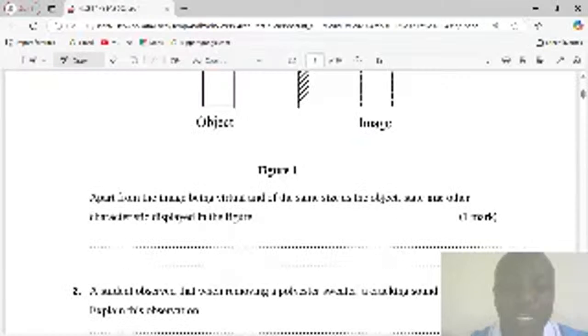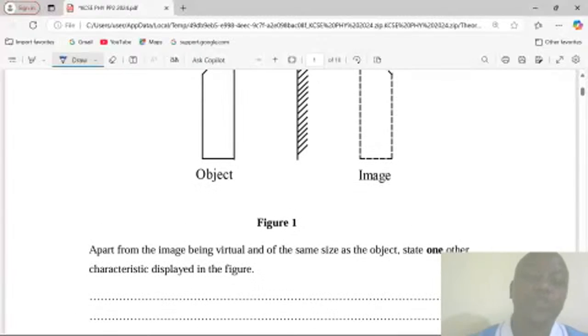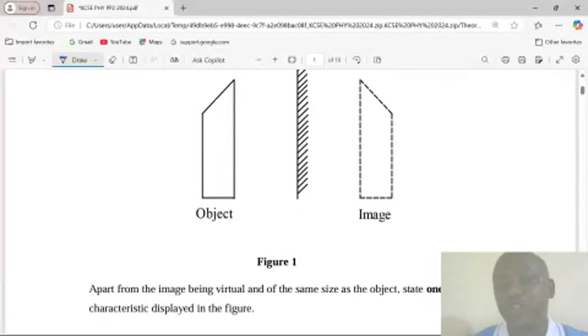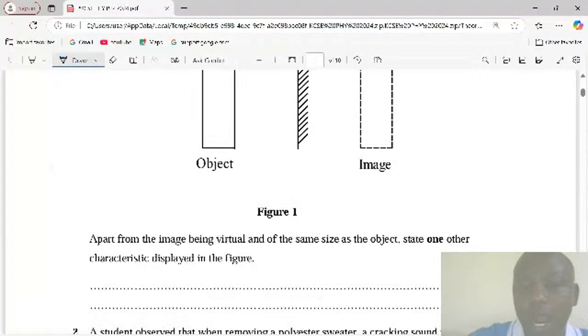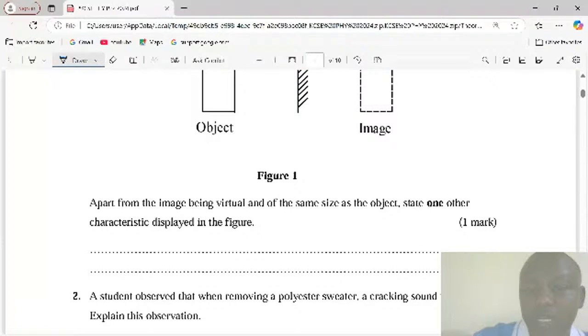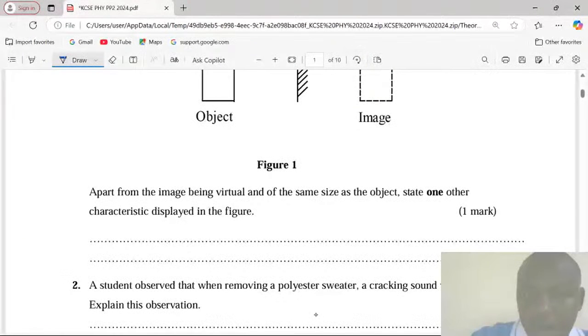Apart from being virtual and of the same size as the object, state other characteristics displayed in the figure. Therefore, ours is not even to recall. We are just supposed to observe and state what we can observe about the image formed. So we are already restricted.